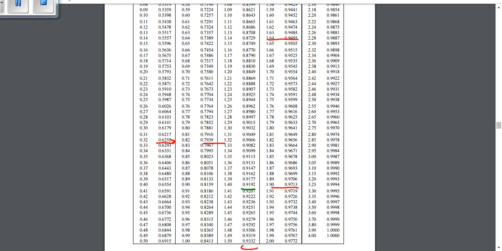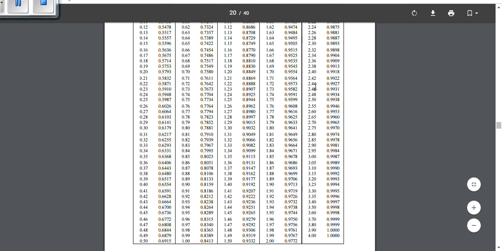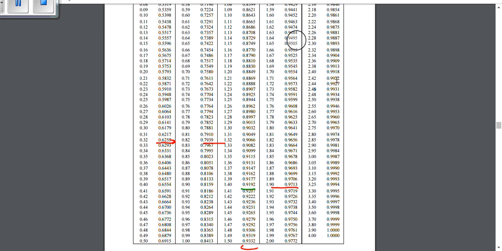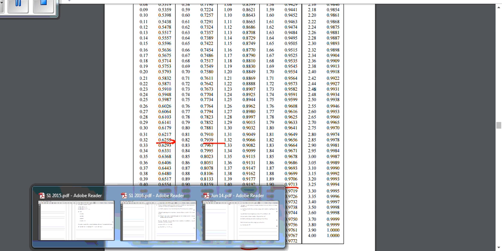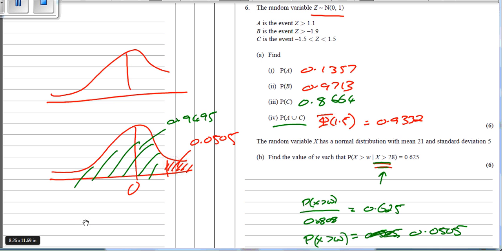0.9495 is, underlined there, 1.64. That's on our z curve, so we've got to transfer that back to the x curve.